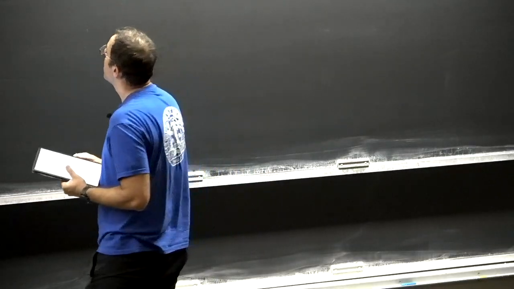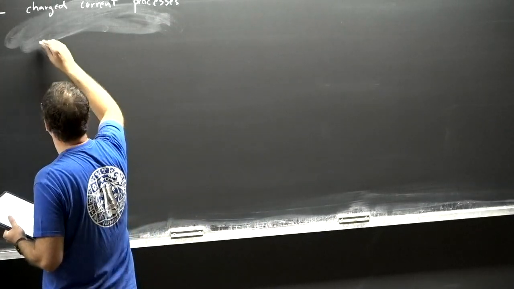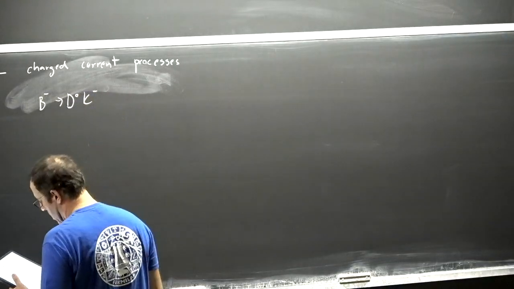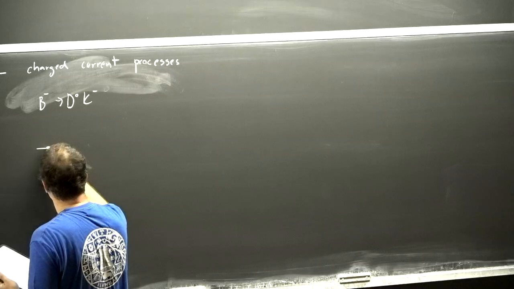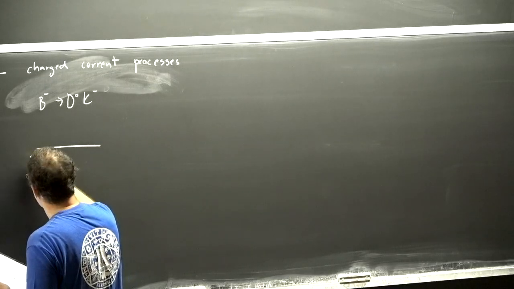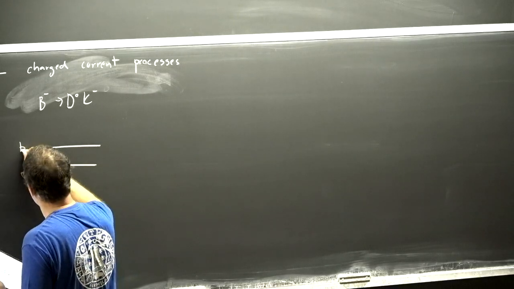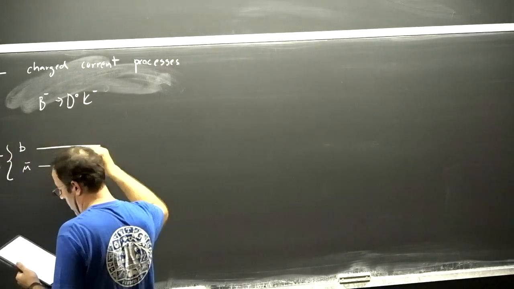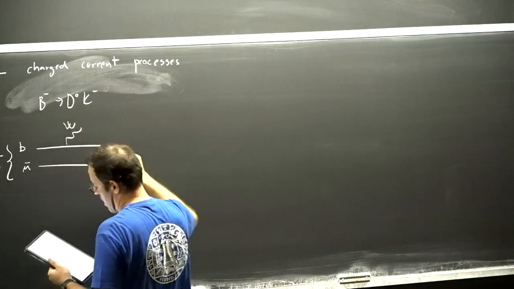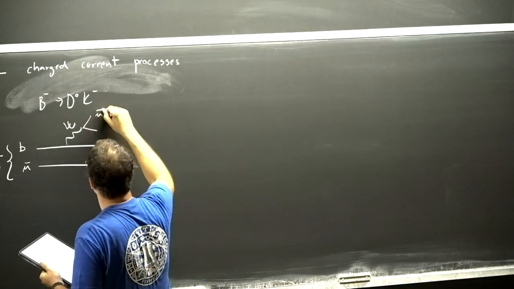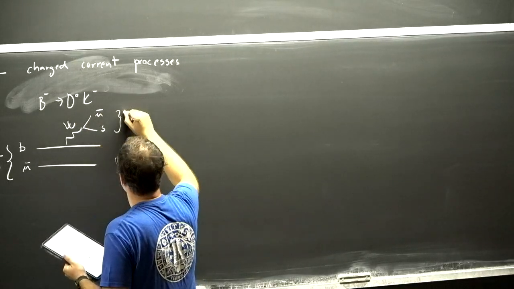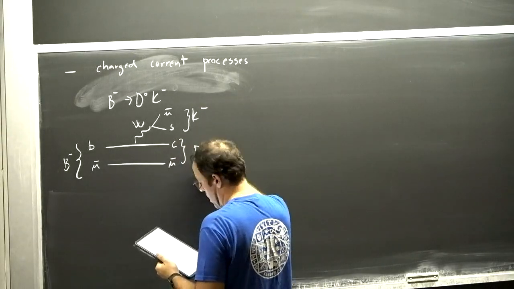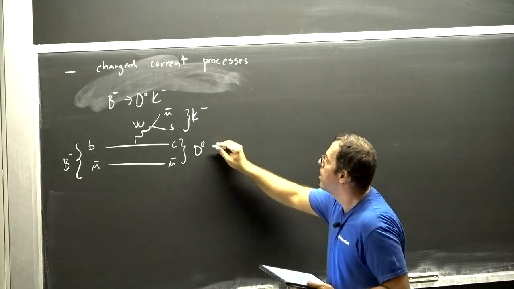For instance, you can take a B minus to D0 K minus type transition. So we'll talk a bit more about this later. So take a B minus, there's a S, K minus, and this is CU bar D0, all right?